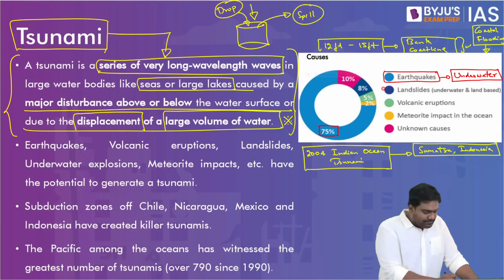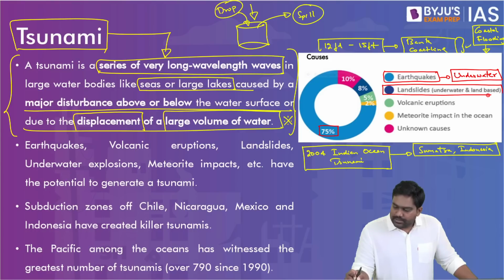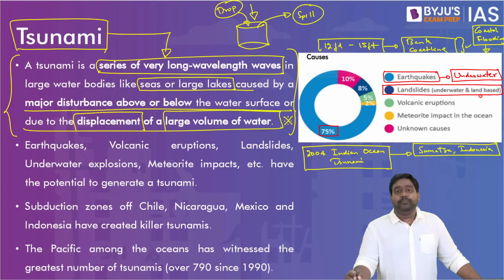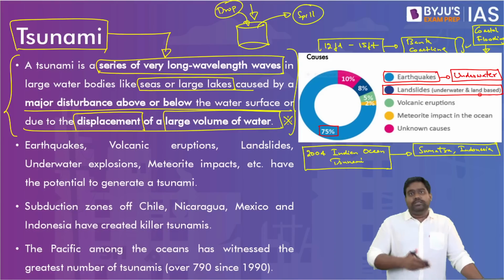The next reason would be landslides, landslides that happen underwater, or also landslides that happen along coastlines. Because see, the seabed is not a flat plain area. On the seabed also you have a topography, you have a terrain. There are mountains underwater as well.